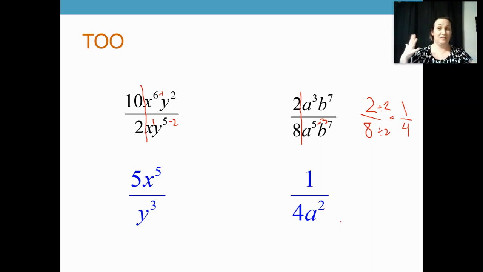That just means that there's going to be no more B's. They're all gone, right? This cancels with that only because it's exactly the same. Now, if you did subtracting, 7 minus 7 is 0, which also means that there's going to be 0 letter B's left over. So that's why the letter B did not make it into our final answer.